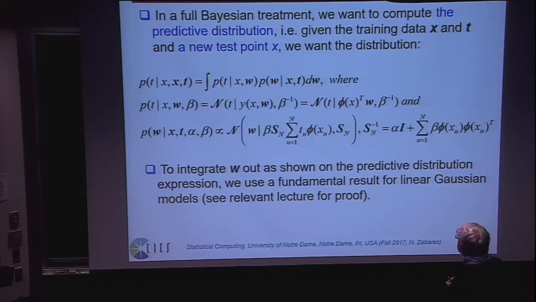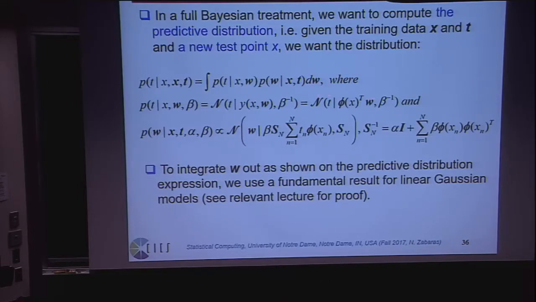So you have a distribution that is Gaussian, and the mean is a linear function of W, something times W, and here you have another Gaussian. So this fits directly into our formulas for linear Gaussian models. You remember that? Basically what we need to do here is integrate W out.